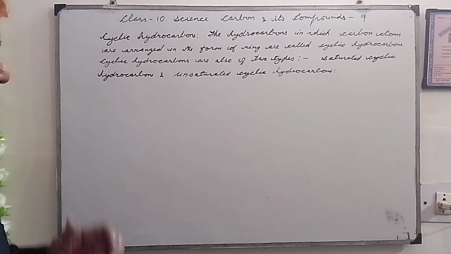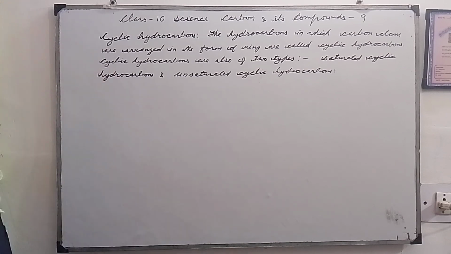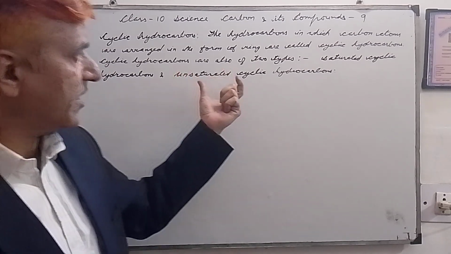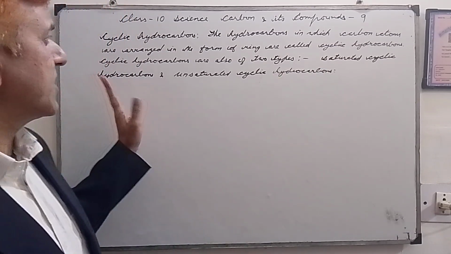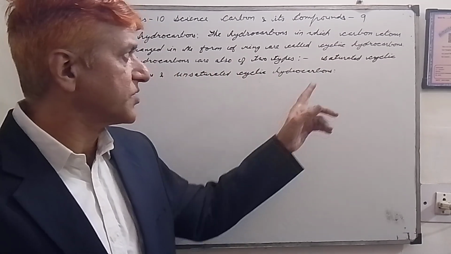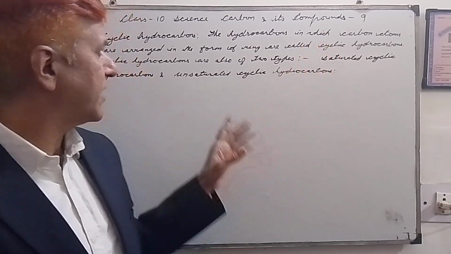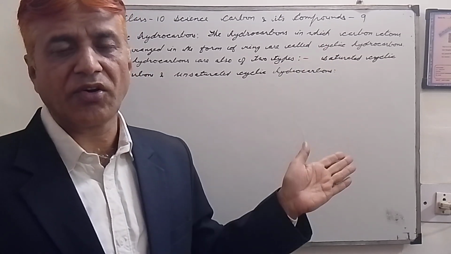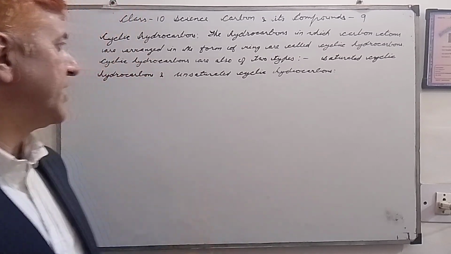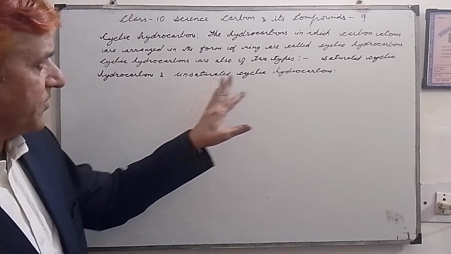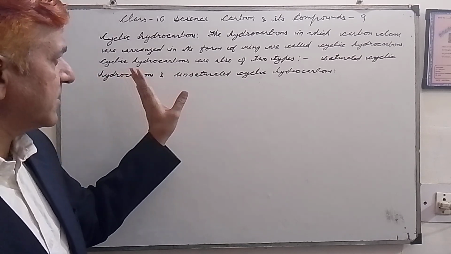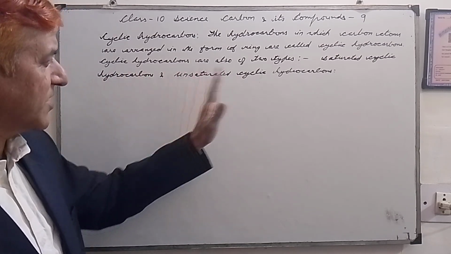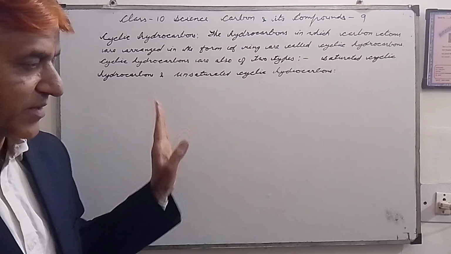Saturated and unsaturated you know very well. Saturated means alkanes and unsaturated means alkenes or alkynes. So we will now study these saturated and unsaturated cyclic hydrocarbons one by one.